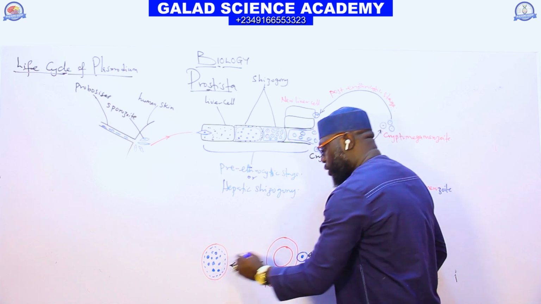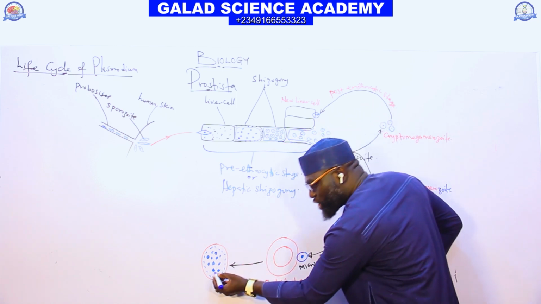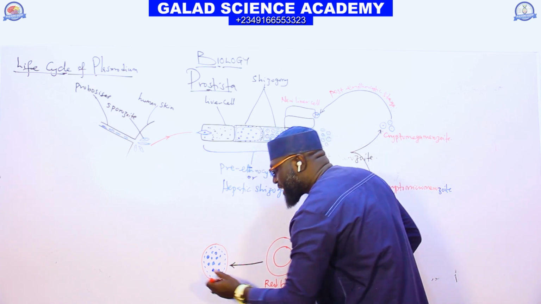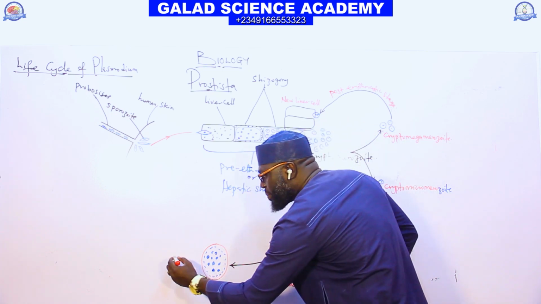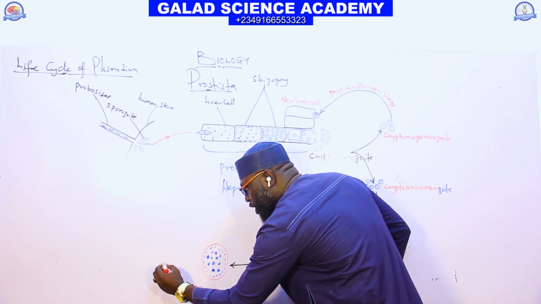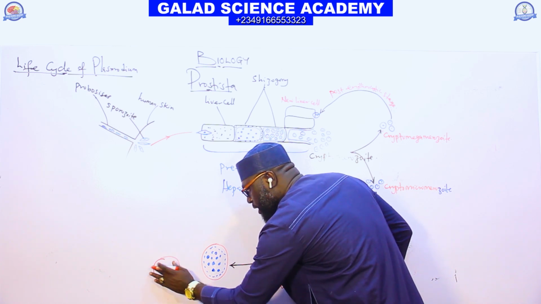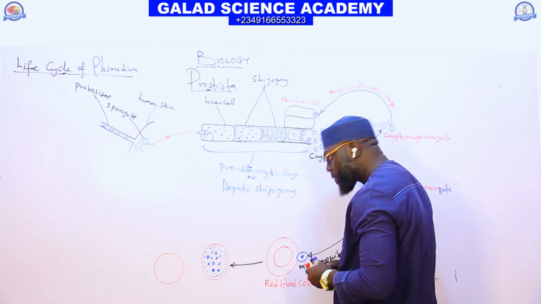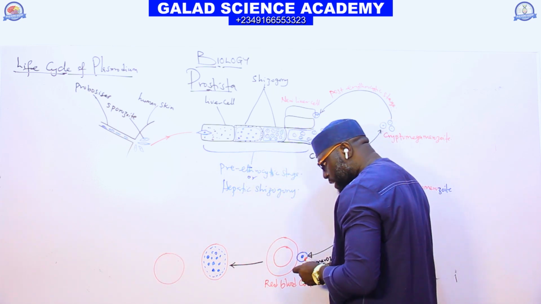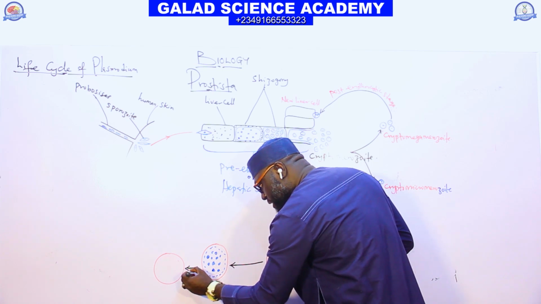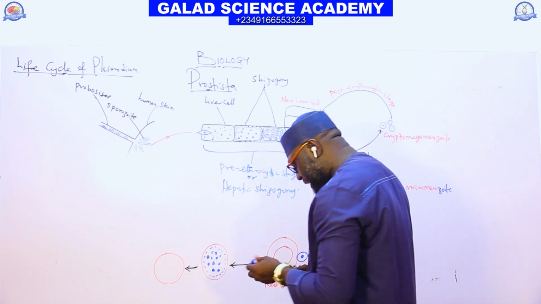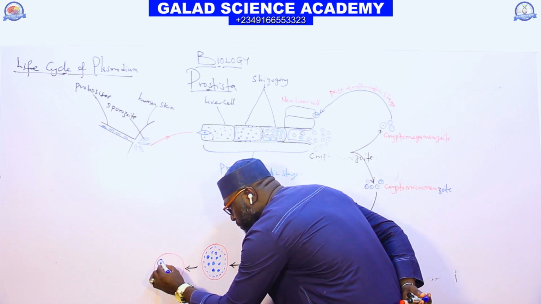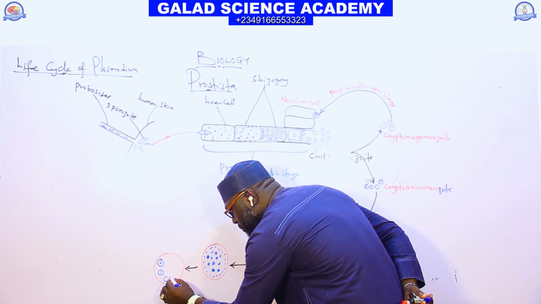Multiple fission will occur here. And each nucleus we have here will be surrounded by cell membrane and cytoplasm. You will not have it in this form, you have it in this form.